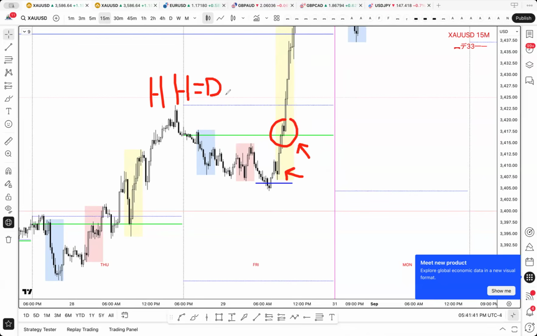You see how they're dumping it down first. They're not pumping it, they're dumping it down first for our dump and pump template. They gave us a higher high on the inside here, which is the recipe for the dump and pump. Higher highs on the inside.